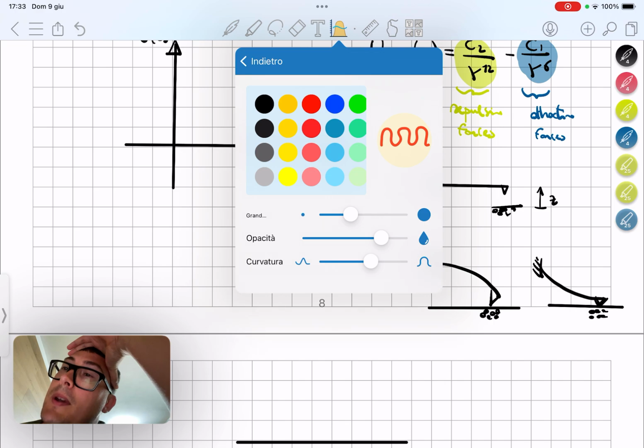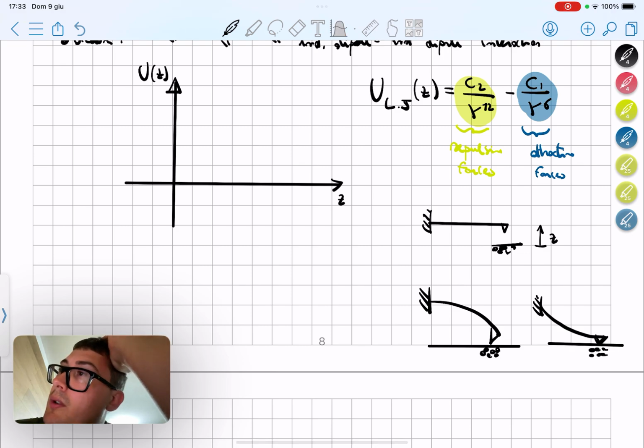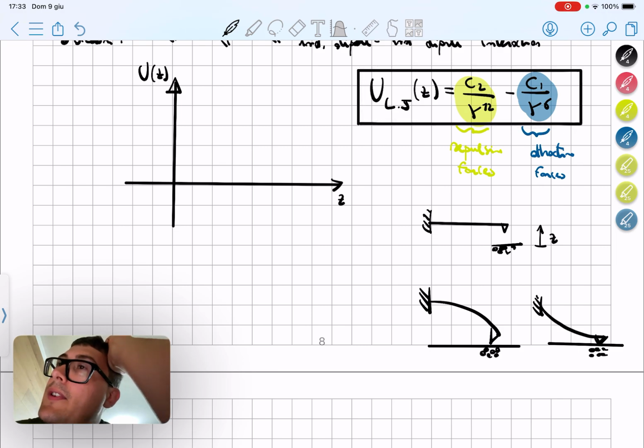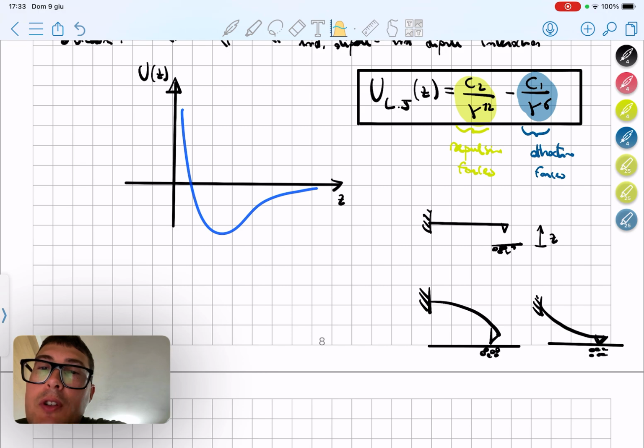But if we want to depict this behavior with the Lennard-Jones potential that I wrote here, we can see something like this. This is the shape of the Lennard-Jones potential. If we are far away from the sample, so z is very high, we are in this region, and the effective potential is very low, almost zero, so there are no forces.